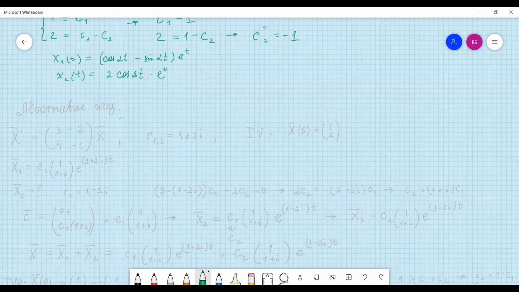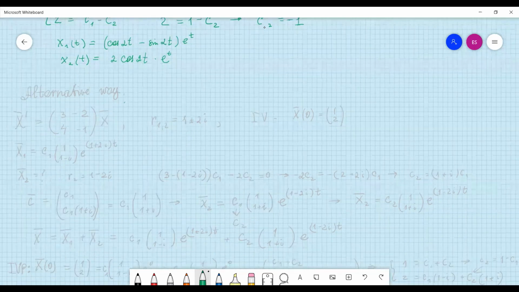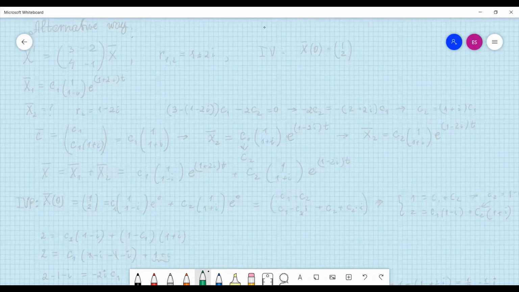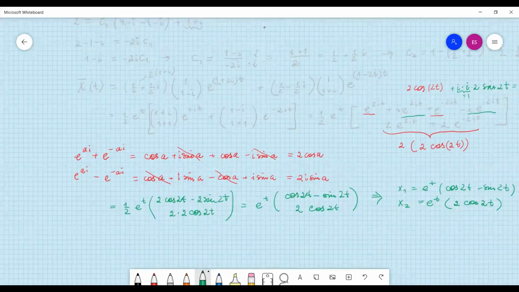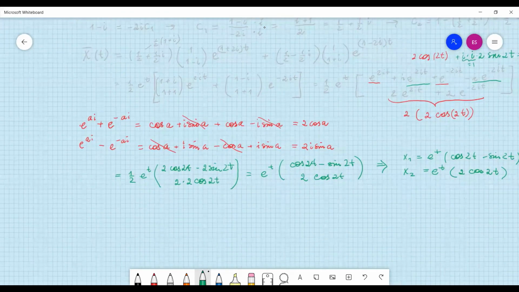You see how much more work here in simplifying. So it's less work in getting a general solution. The general solution is just much easier than the first way, right? But if you want to get to the final answer, you will need to simplify a lot. And there are many chances to make a mistake, right? That's why people are doing this division of the first eigenvector into imaginary and real parts and using them as solutions.